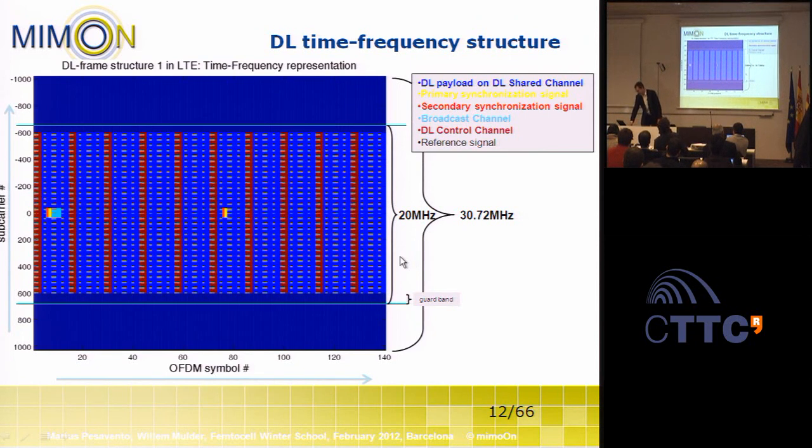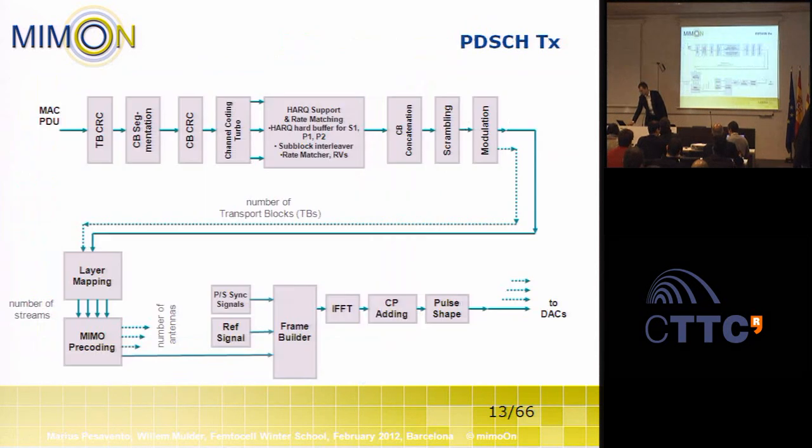In such a system we have 2048 subcarriers, but only the 1200 subcarriers around DC are used for data and control. So these others are guard bands which are not used. So we are basically oversampling in this system.